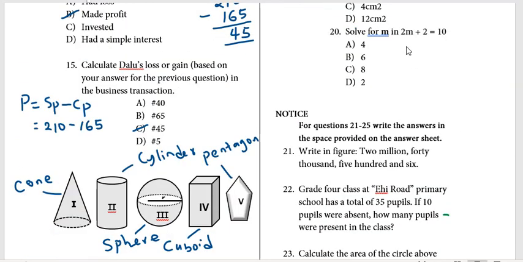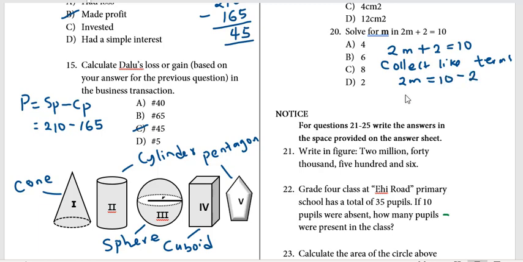Okay, question number 20. Solve for the value of m in 2m plus 2 is equal to 10. So from this point, what do we do? We collect like terms because 2m can never add to 2. So let's collect like terms. We'll have 2m is equal to 10 minus 2. So 2m is equal to 8.